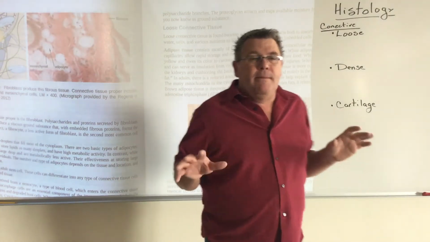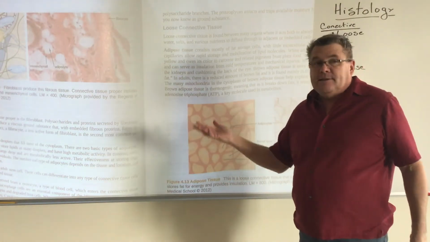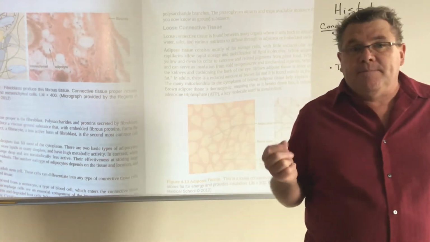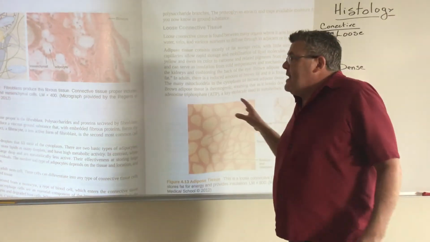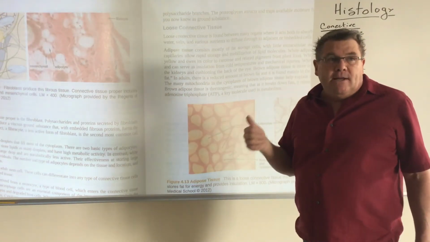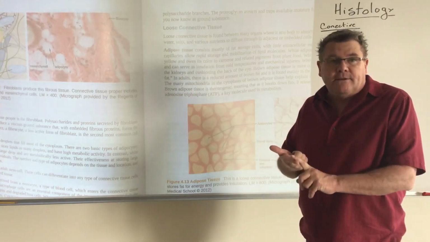Remember, when we talked about histology, tissues, which is going to lead us into things like organs and organ systems ultimately, I tried to establish a couple of things. Tissues are made up of cells, of course. They're also made up of extracellular matrix.